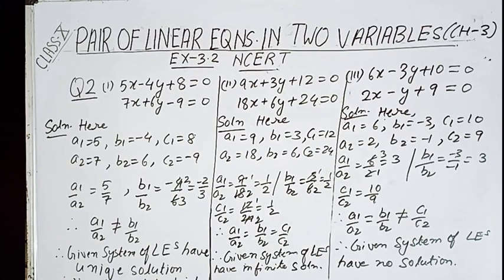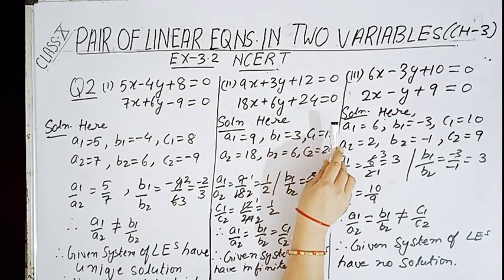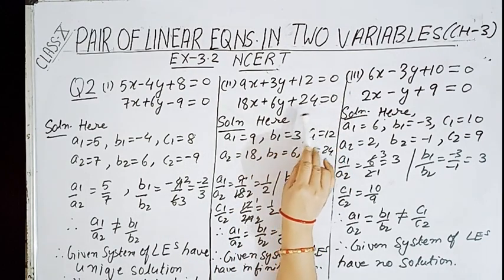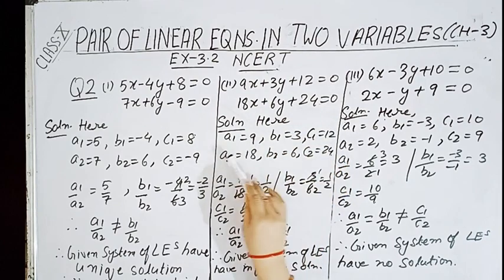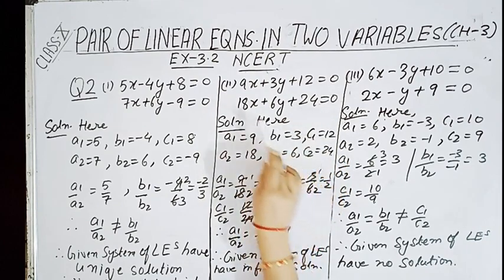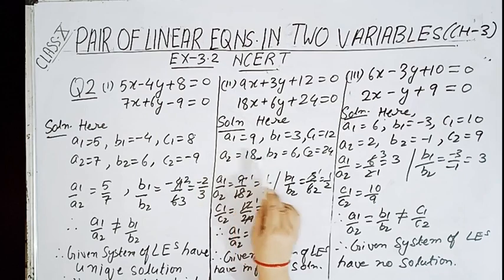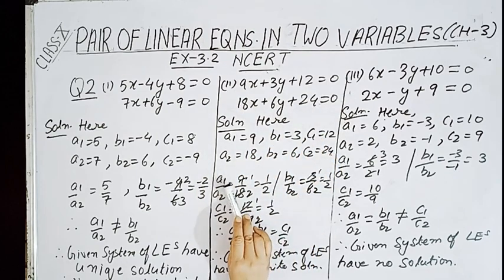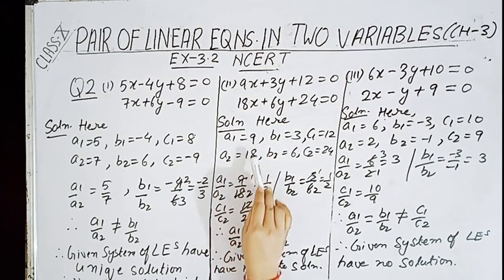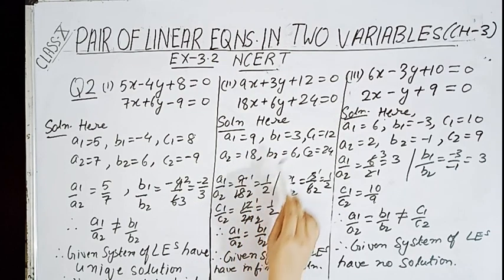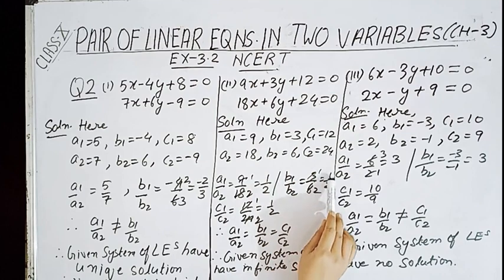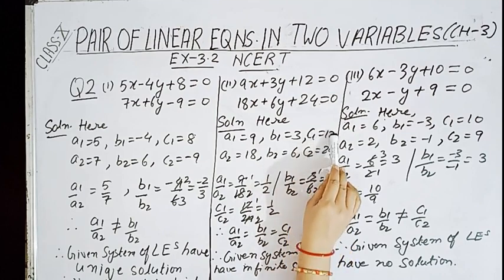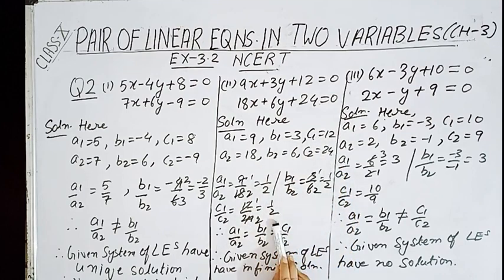Subpart number 2. 9x plus 3y plus 12 equals to 0, 18x plus 6y plus 24 equals to 0. Writing the values of a1, b1, c1 as 9, 3, 12 and a2, b2, c2 as 18, 6 and 24, we are finding a1 by a2 equals to 9 by 18 equals to 1 by 2, b1 by b2 equals to 3 by 6 equals to 1 by 2, and c1 by c2 is 12 by 24 equals to 1 by 2.